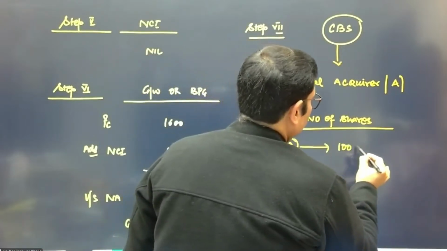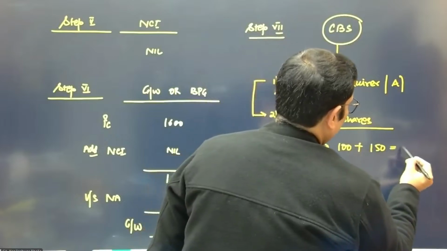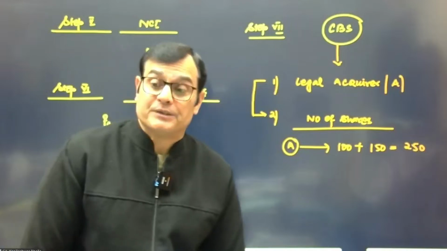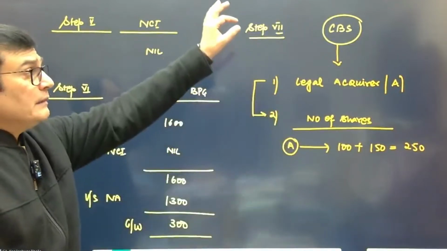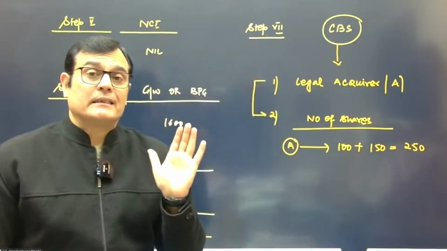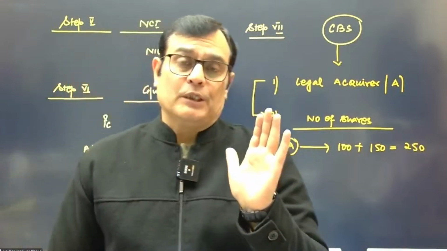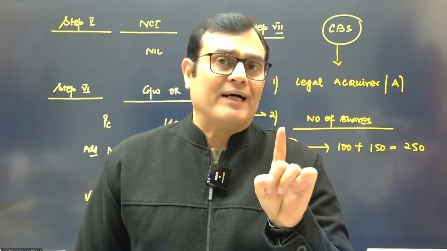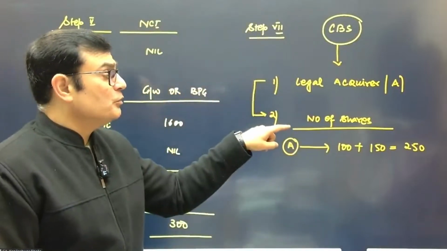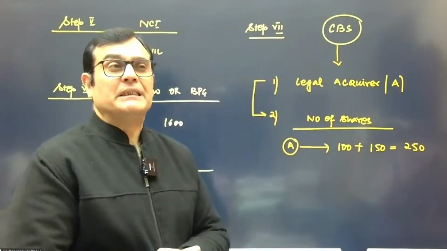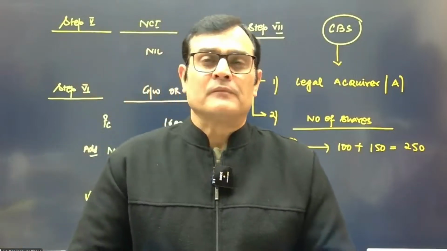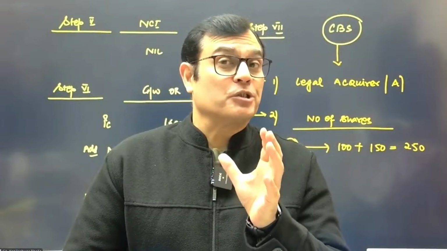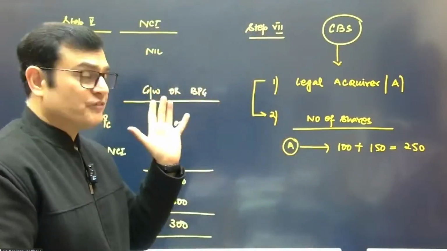A has got 100 shares in the company. He issued 150 shares. So he is going to show a total of 250 shares in the balance sheet. Since the legal requirement to make the consolidated balance sheet falls upon the legal acquirer, the number of shares shown is from the point of view of A. So he's got 100 shares and he's actually issued 150 shares to the shareholders of B. So we're going to represent 250 shares.